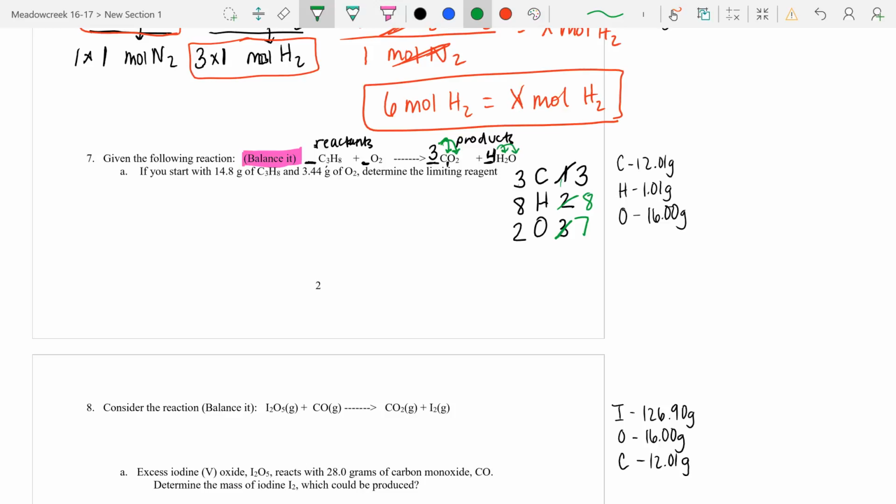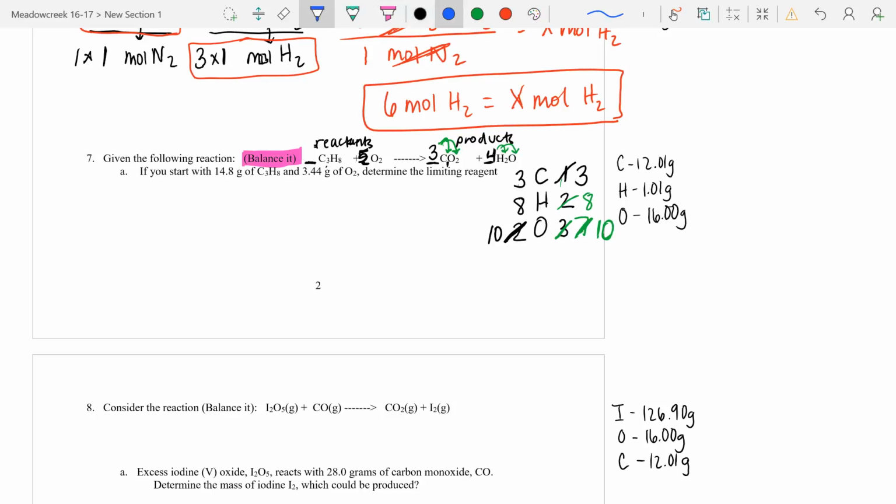So 4 times 1 gives me 4 on that side, and 3 times 2 gives me 6 on that side. So total, they make 10. And that actually makes solving for oxygen so much easier because I did carbon and hydrogen first. Because now, in order to make the left side equal the right side, I only need to put a 5 here. Because 5 times 2 gives me 10, and I'm completely balanced.